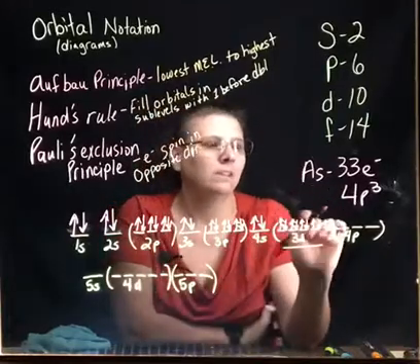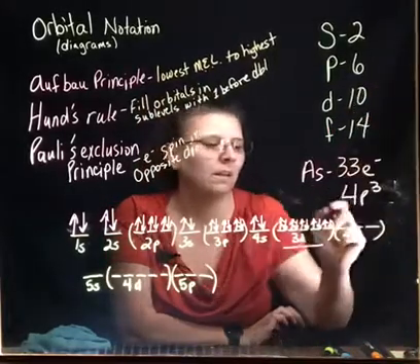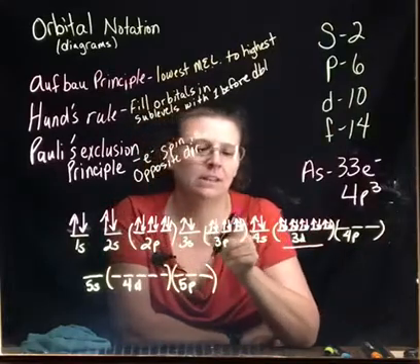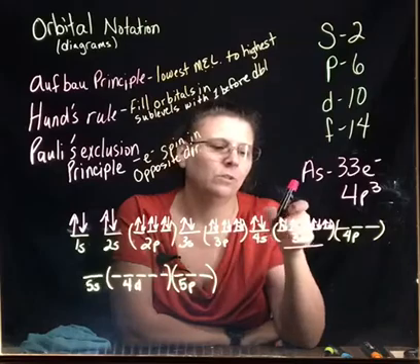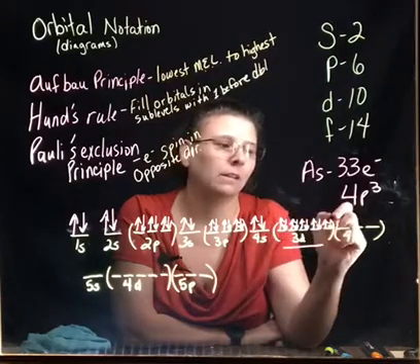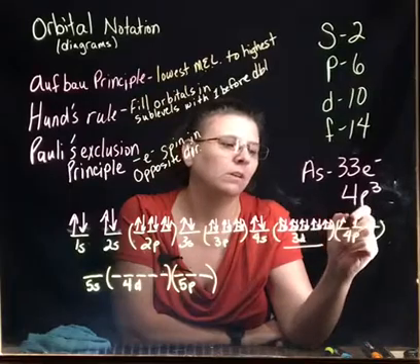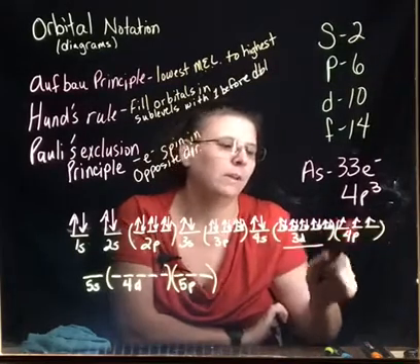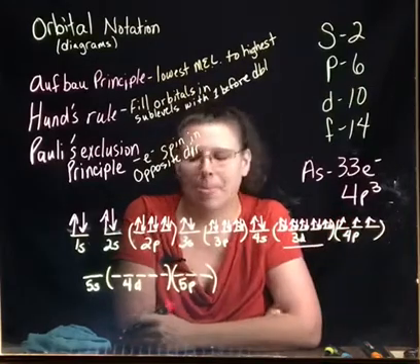Okay, there's 10 here. D holds 10. See, 2, 4, 6, 8, 10, 12, 14, 16, 18, 20, 22, 24, 26, 28, 30, 31, 32, 33. 4p, 1, 2, 3. Okay.